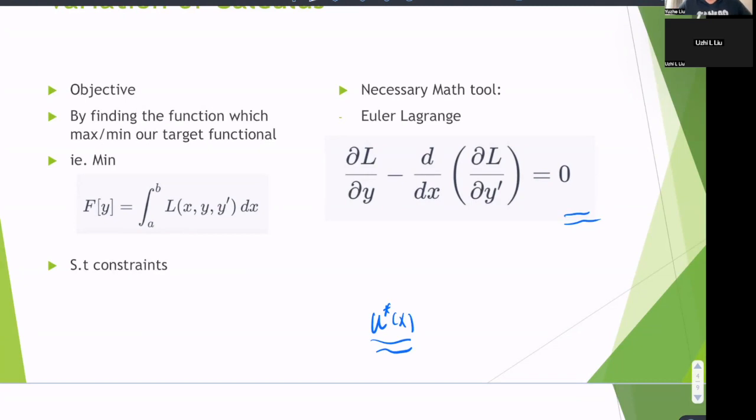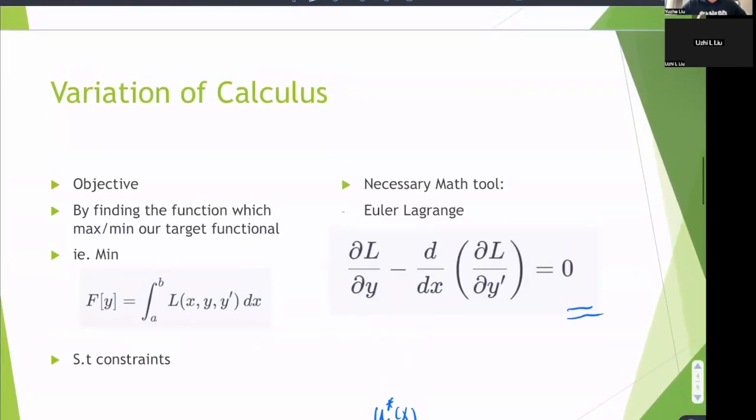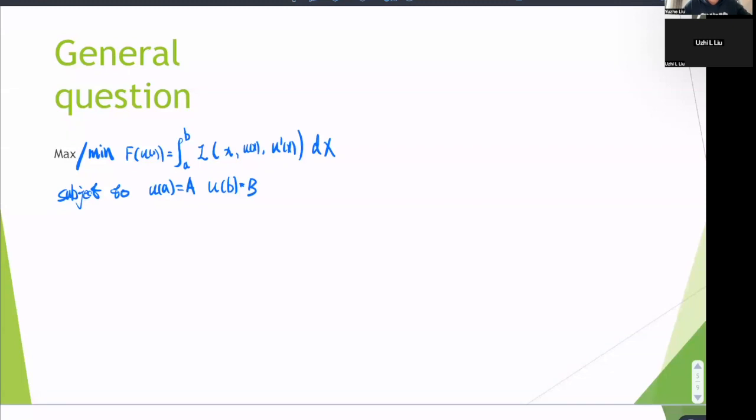Now we will look at some general questions about variation of calculus. Here we have our general question. We will be asked to solve optimizing problems. In this case, we have to maximize or minimize our functional F. As we know, F is a functional which maps a function to a real number.